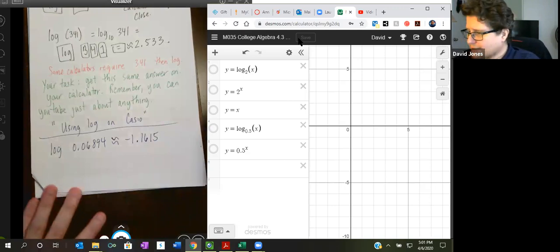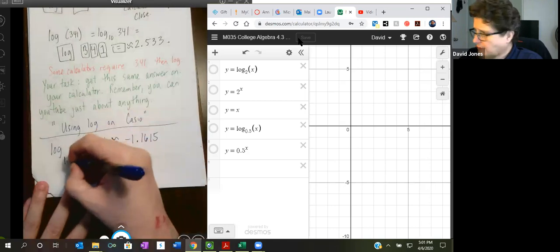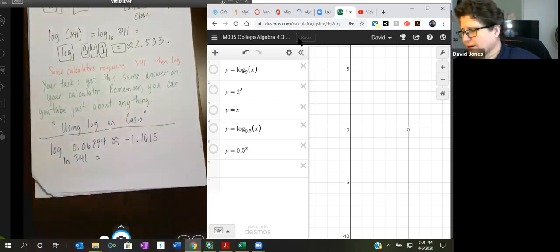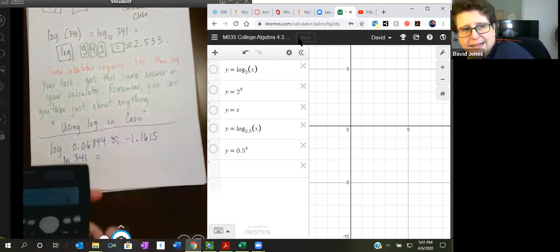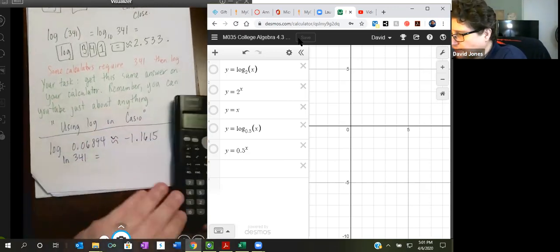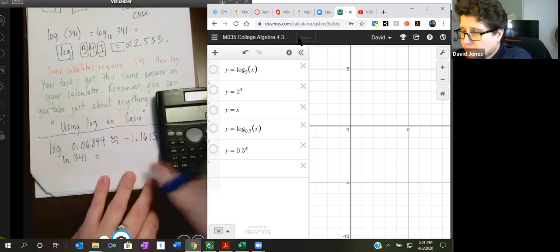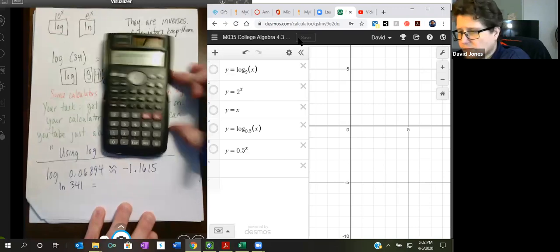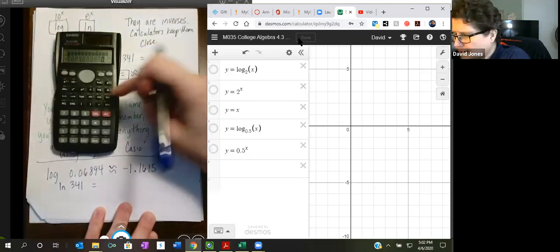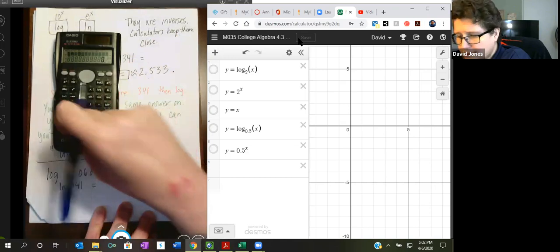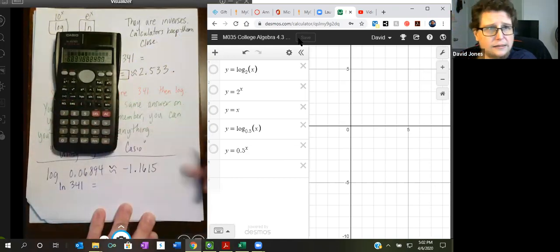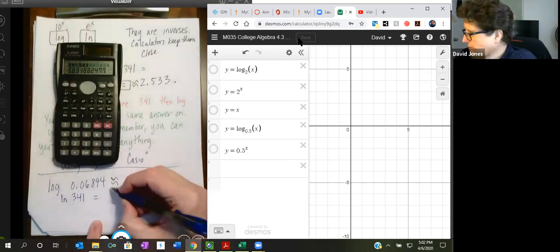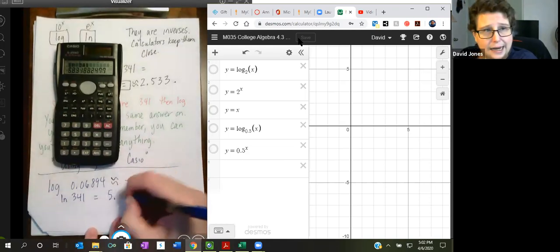Natural log works the same way. I'm going to use the natural log key instead of ln. There we go. ln of 341 is 5.832.